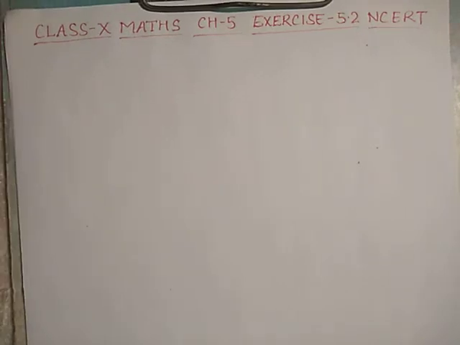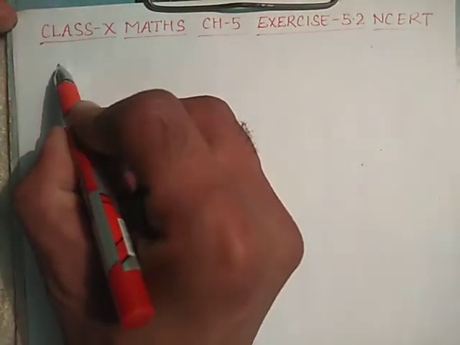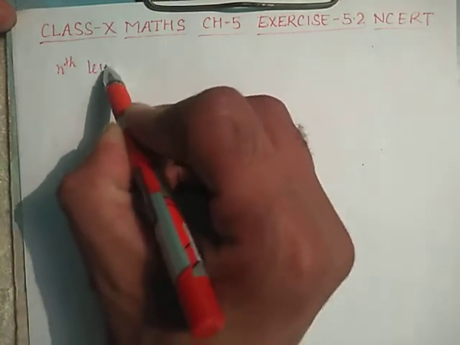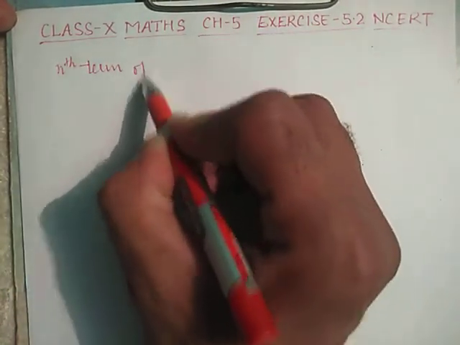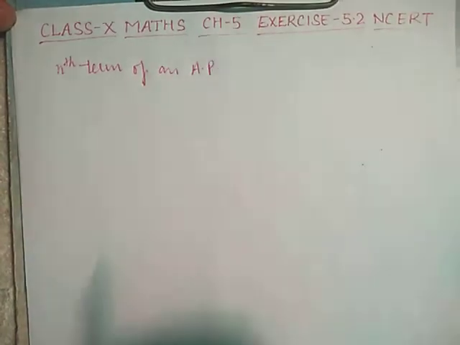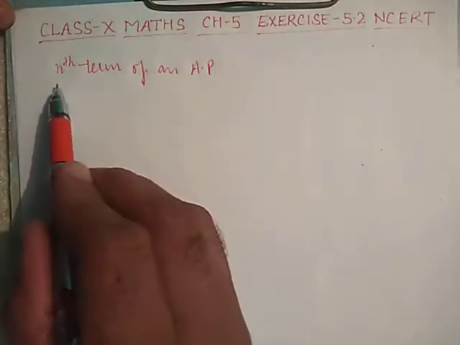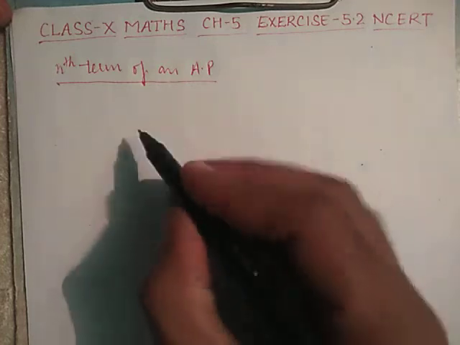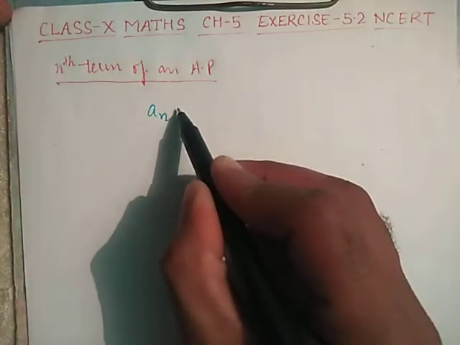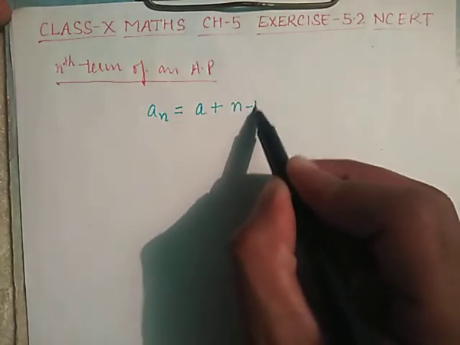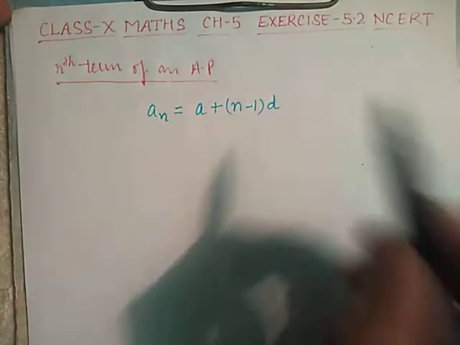We will write it as the nth term of an AP. So what is the nth term of an AP? We usually represent it as an is equal to a plus n minus 1 into d.